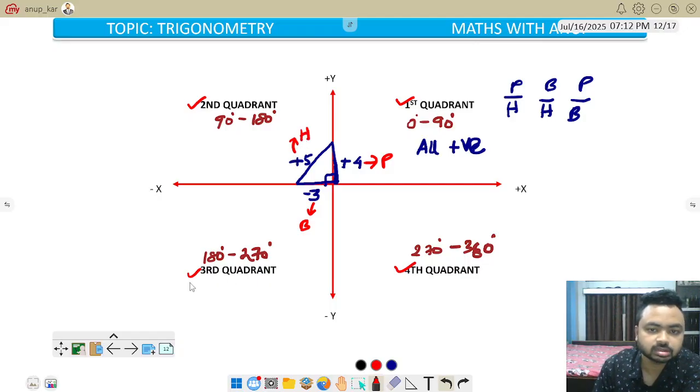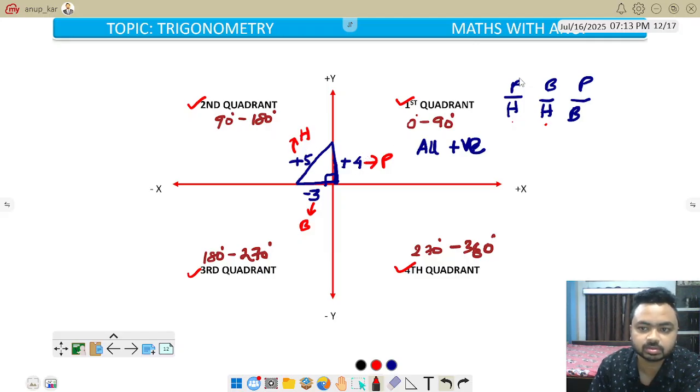Here we can see the trigonometric ratios: P by H, B by H, P by B. So we can understand which ratio will be positive. Where the hypotenuse is present and the perpendicular is present, with hypotenuse positive, the ratio will be positive.